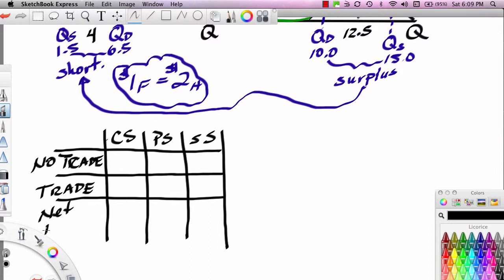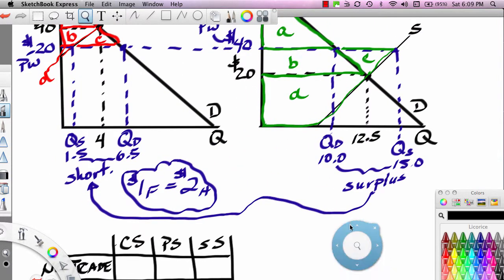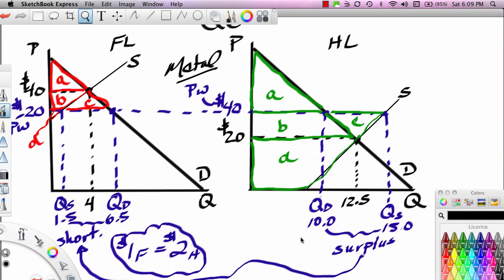Okay, so what happens in the importing nation? Well, the consumer, before trade occurs, let's take a look at this.